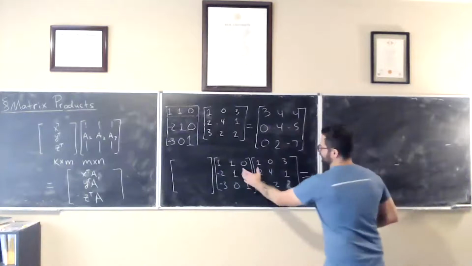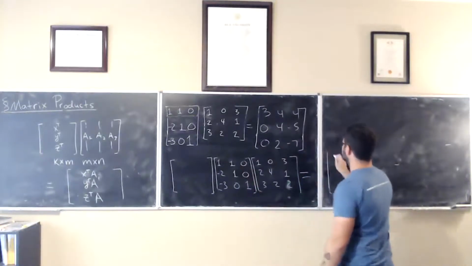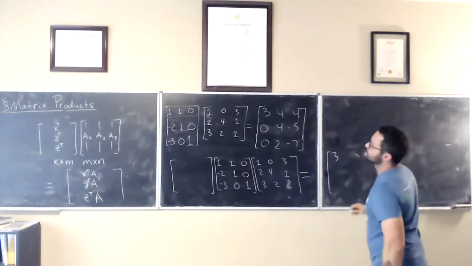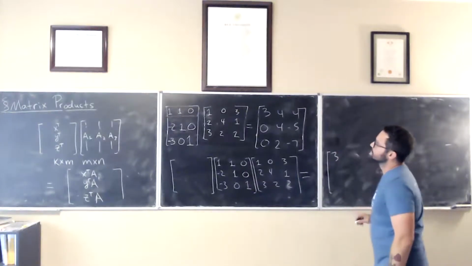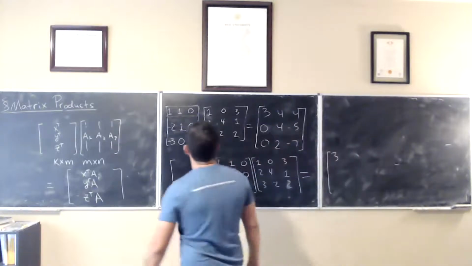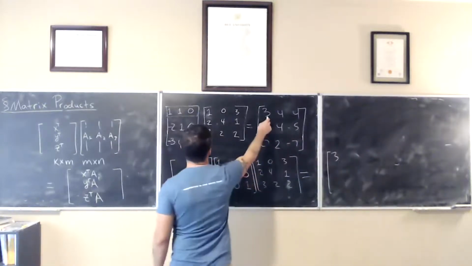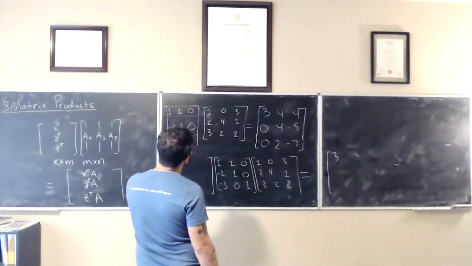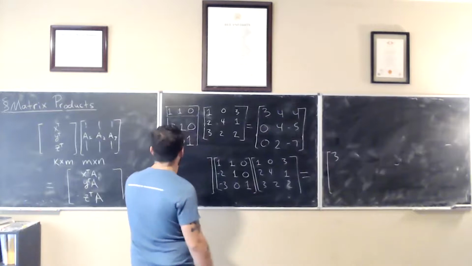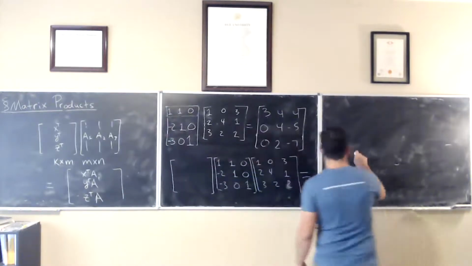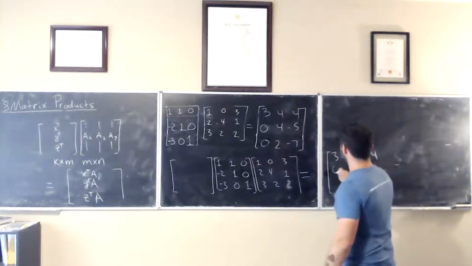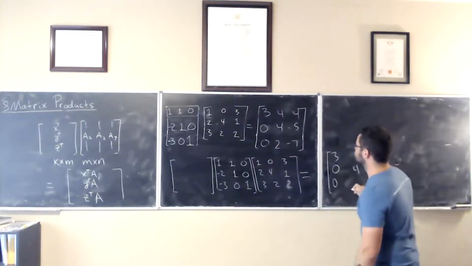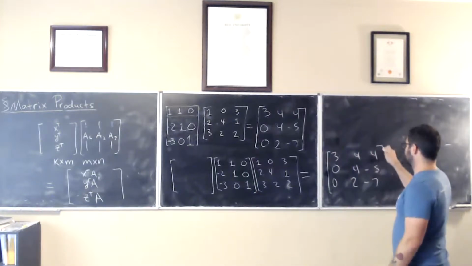And this product that we know has made 3, 4, 0, 4, -5, 0, 2, -7.